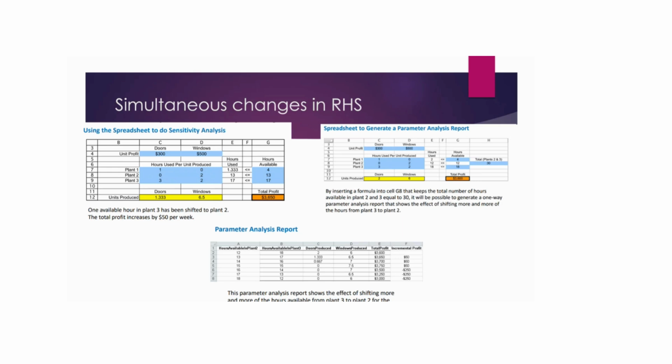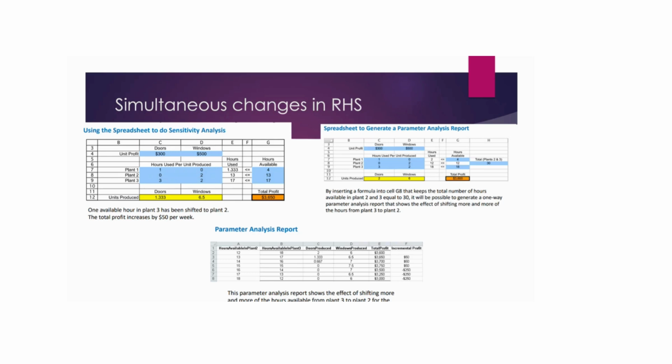We have 12 plus 18, then 1 hour transferred from plant 3 to plant 2, which makes it 13 and 17. Then we have 14 and 16, and then 15 and 15, and so on.